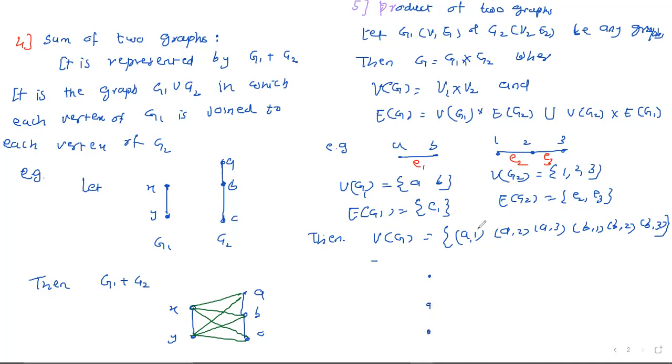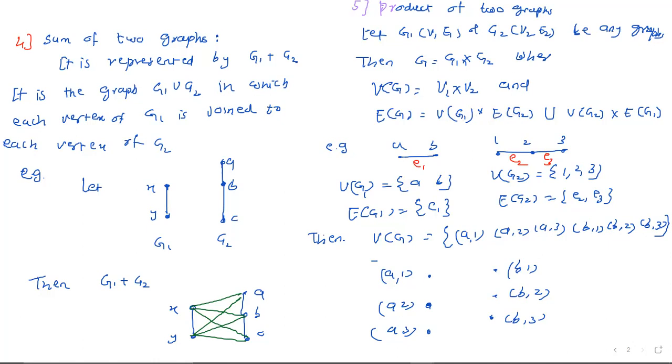We have three vertices: this vertex is A1, this vertex is A2, this vertex is A3. And for B we show B1, B2, B3. These are the vertices. A1 is one vertex, A2 is another. So here what we say is V of G1 cross E of G2.